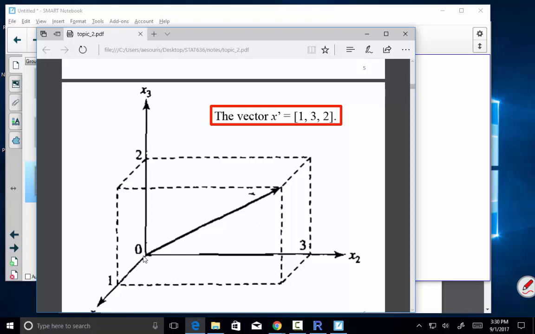If you go out 1 unit in the first dimension direction, 3 units in the second, and 2 units in the third, you get this directed line segment, or directed vector. An arrowhead is placed pointing right at the point that these coordinates correspond to. So in some sense, all of our individuals, all the women in our breast cancer study, are vectors. They're these little things pointing out in multidimensional space.